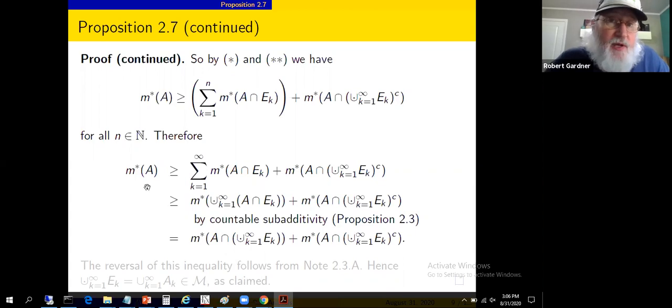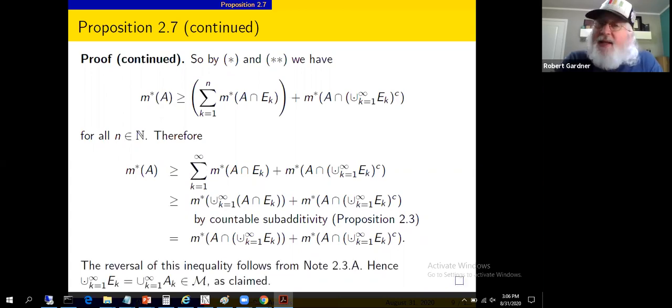For arbitrary set of real numbers A, that's where A came from, the outer measure of A is greater than or equal to the outer measure of A intersect the set of interest plus the outer measure of A intersect the complement of the set of interest. But we can reverse that inequality as commented in note 2.3.A. So we saw it's just subadditivity.